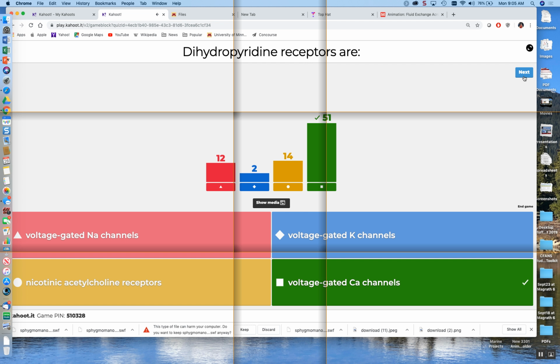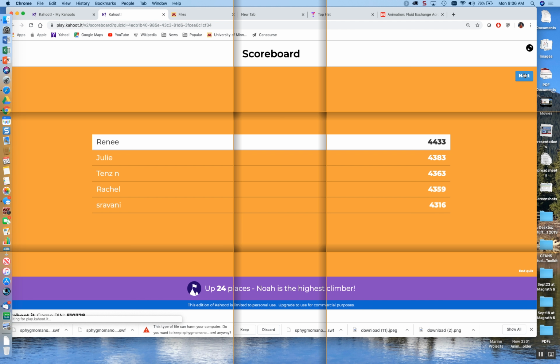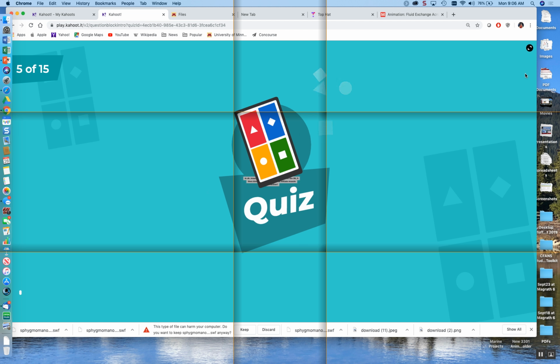They are voltage-gated calcium channels. Now, in skeletal muscle, they don't conduct calcium. They're actually physically coupled to ryanodine receptors, but in the heart, they do conduct calcium. It's a calcium-induced calcium response. All right, good job. Renee's still on top.